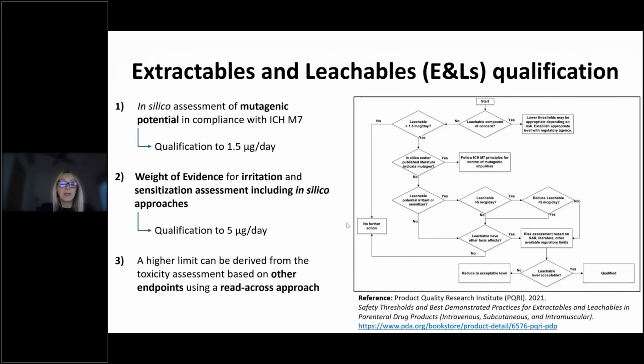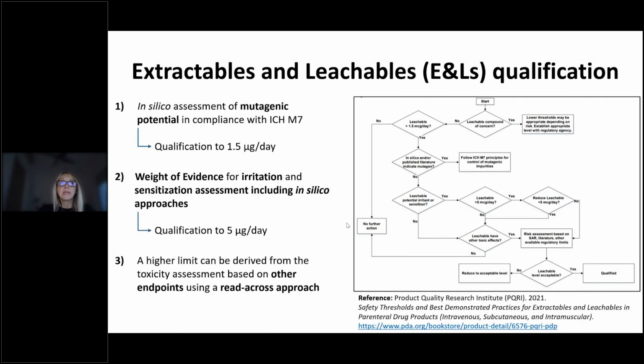However, higher limits can also be derived from the toxicity assessment based on other endpoints using a read-across approach.